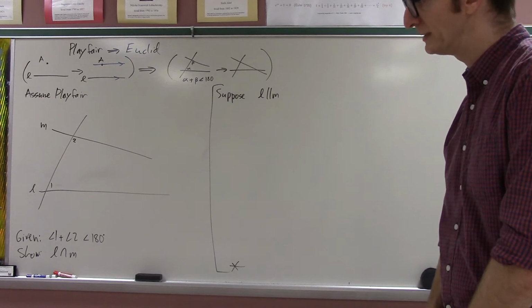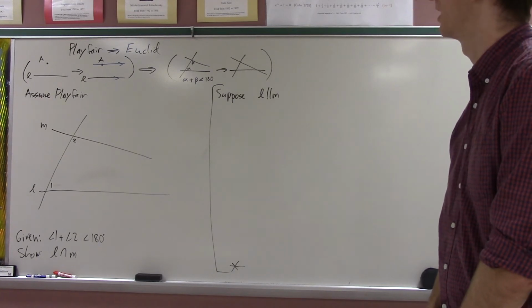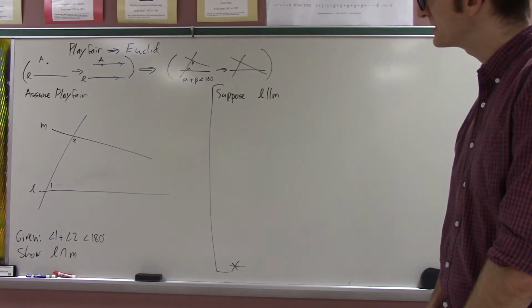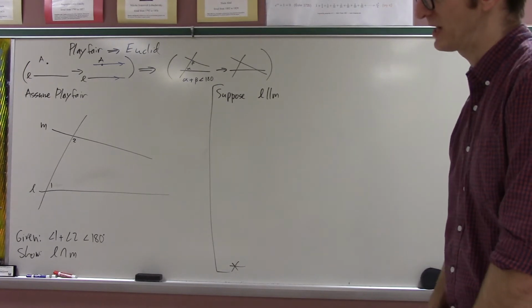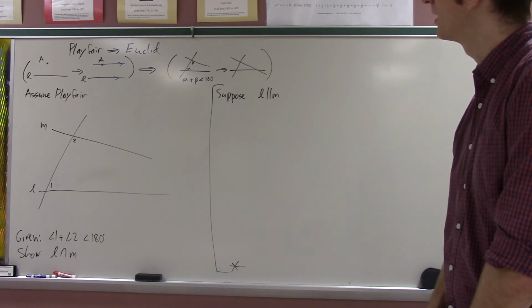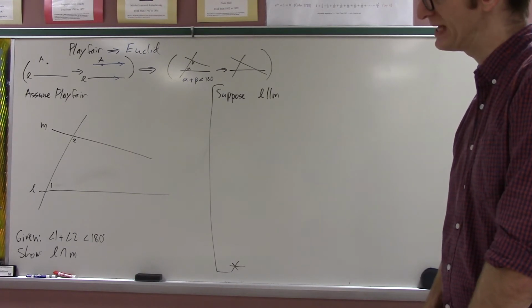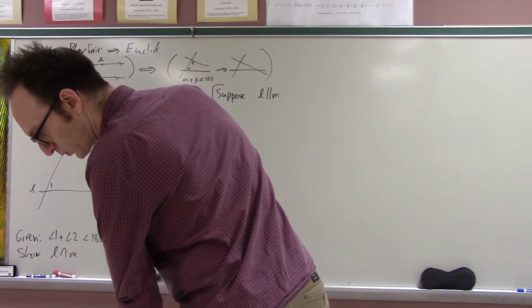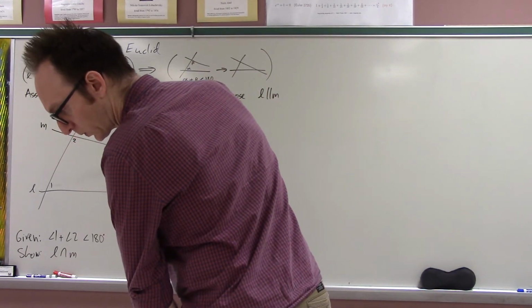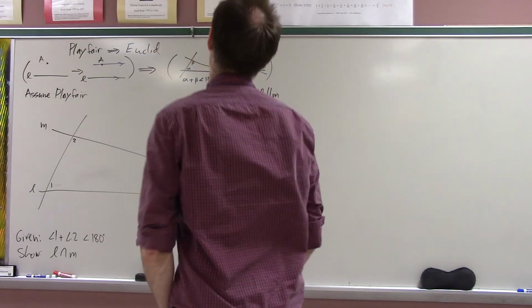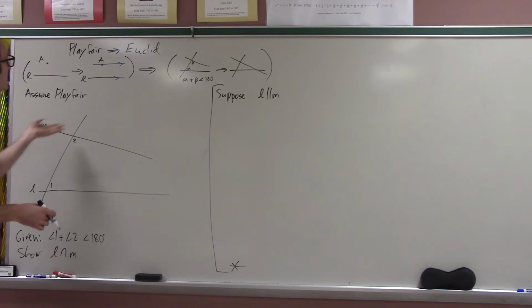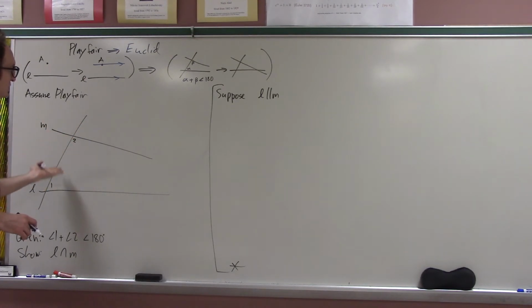Okay, good. Well, if 1 plus 2 is less than 180, then there is some other amount by which they differ from 180.